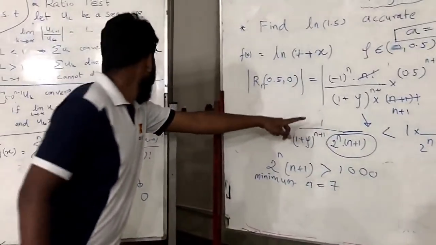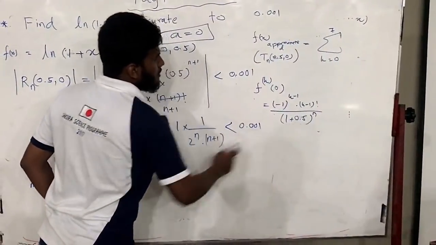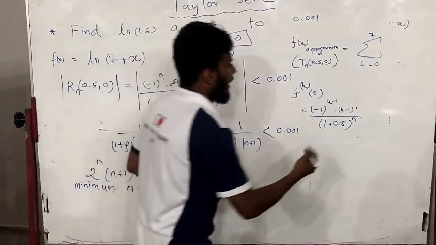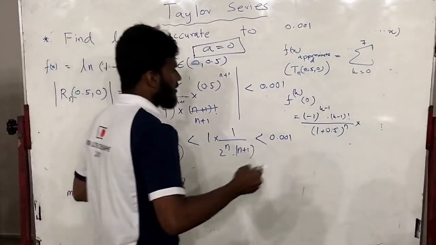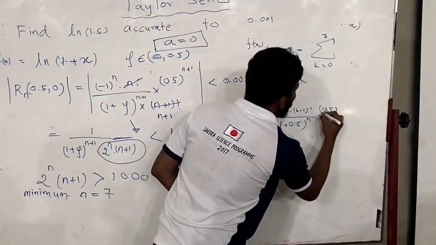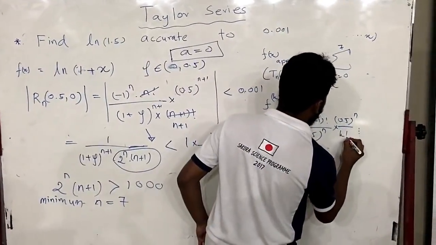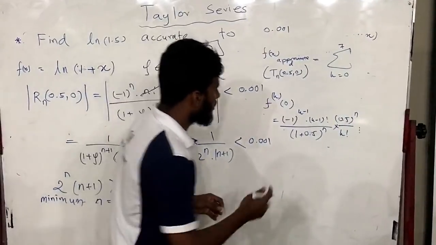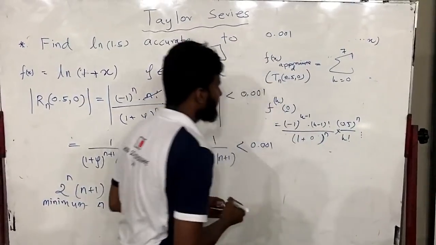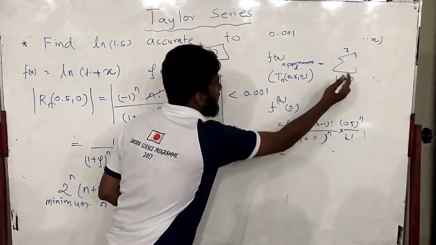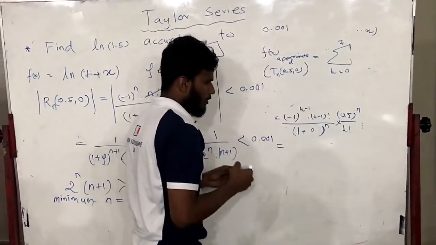Yeah, 1 plus zeta means 1 plus x. This is the Taylor polynomial.